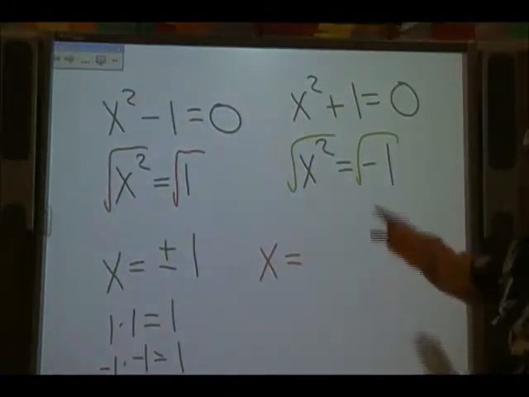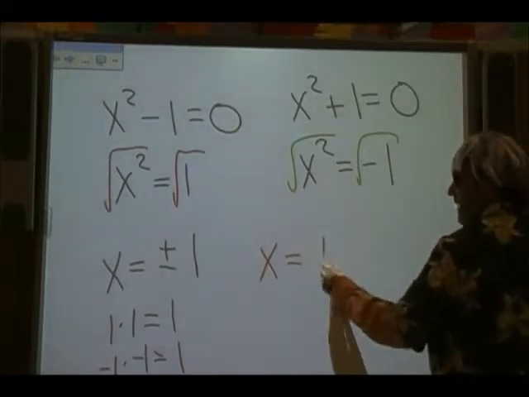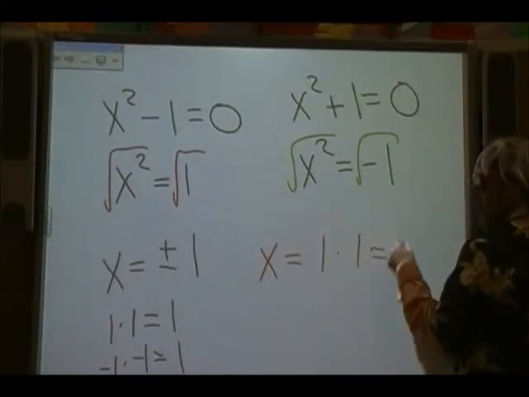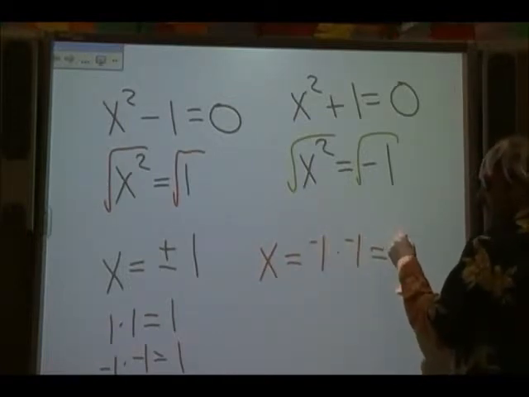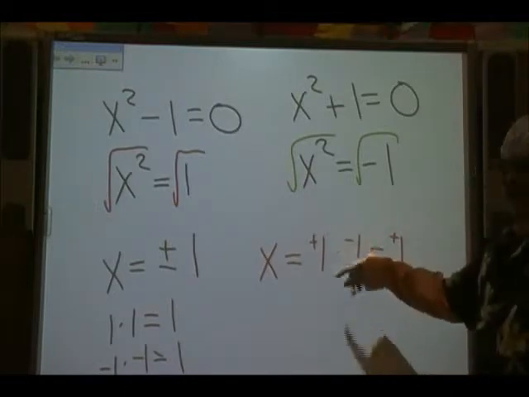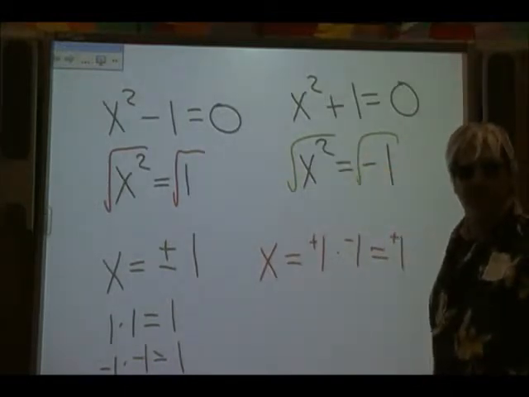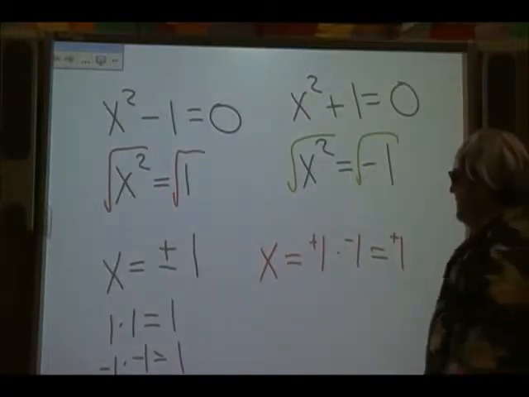Because what times itself is negative 1? If I write 1 times 1, I already said that's positive 1. And if I write negative 1 times negative 1, that's positive 1. And if I make this a positive and a negative, then it doesn't hold for the square root because the number has to be the same. You can't use a positive and a negative.